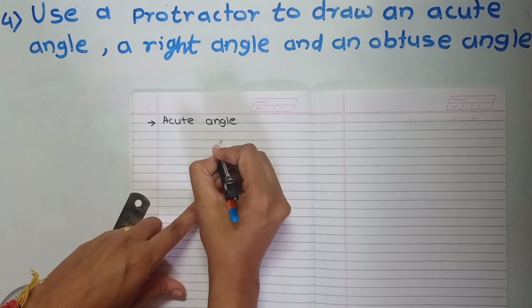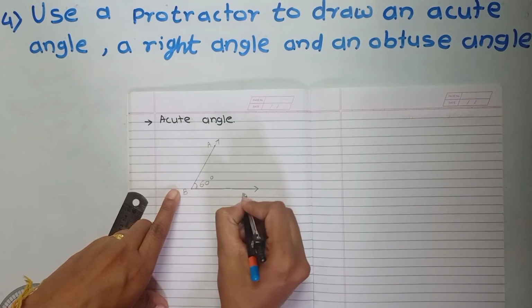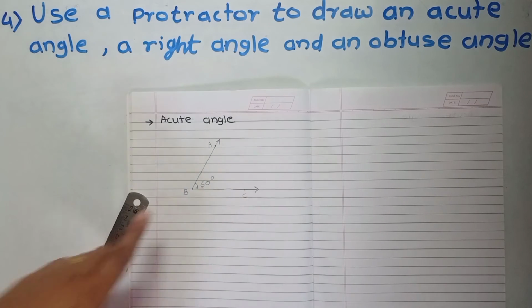Write here 60 degree and give the name angle A, B and C.